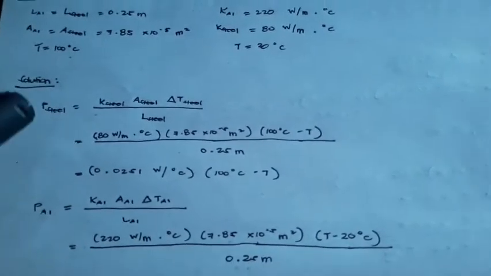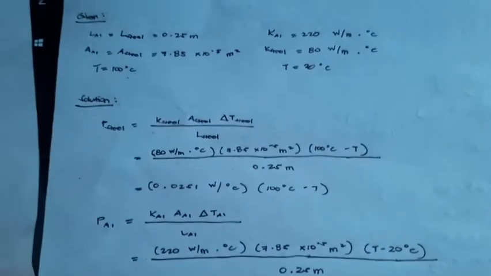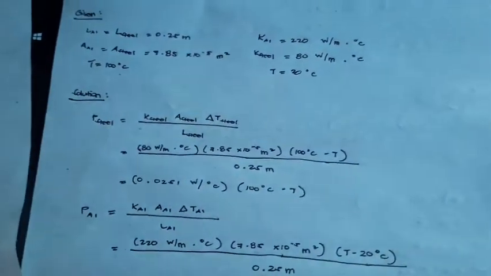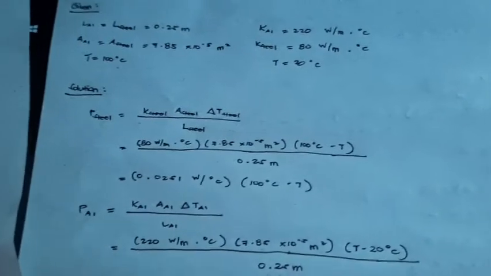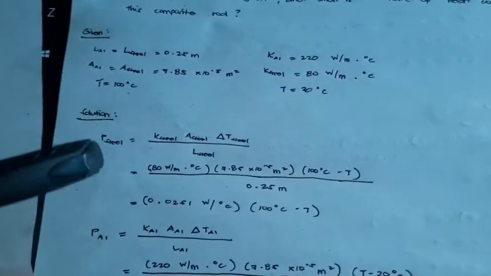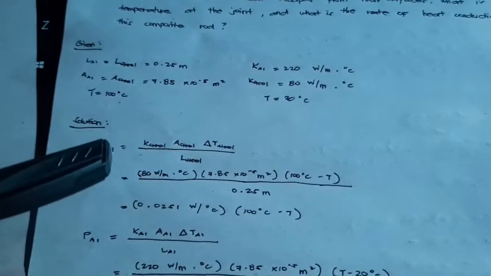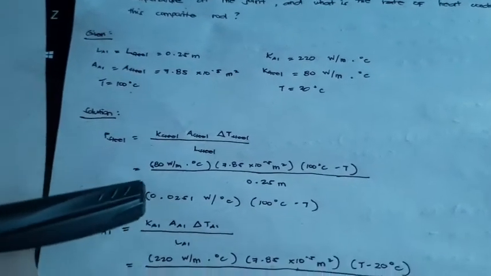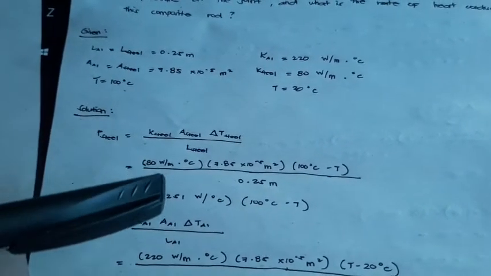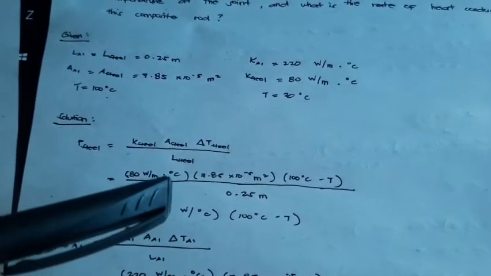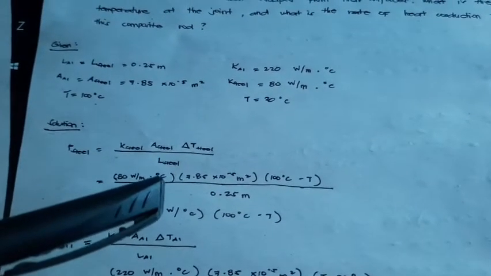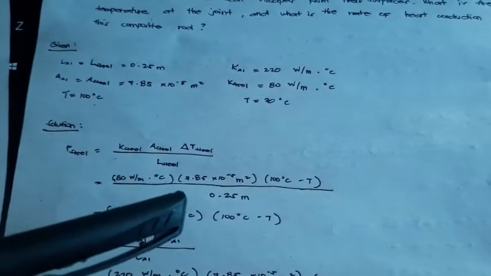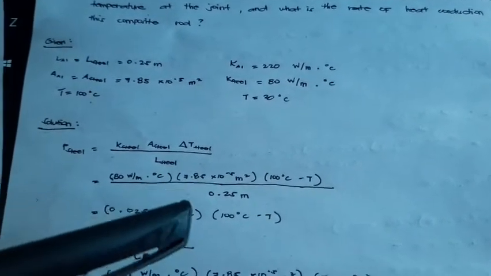So P steel is equal to K steel times A steel times change of T steel over L steel. So the thermal conductivity of steel is equal to 80 watts per meter times degrees Celsius. Then the cross-sectional area of each rod is equal to 7.85 times 10 raised to the negative 5 power meter squared.